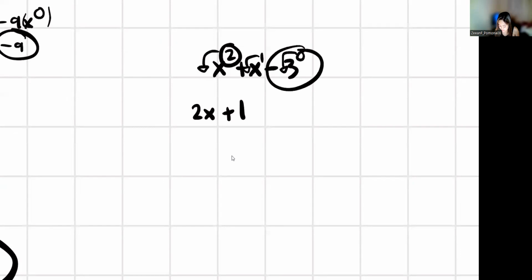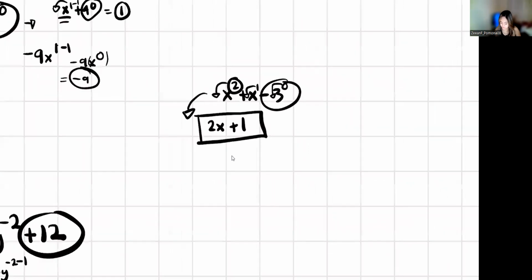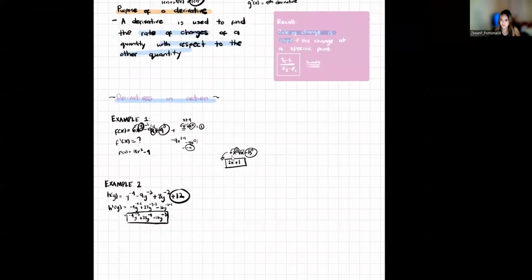And then keeping in mind that constant numbers like 4, 3, 2, 1, and e and pi do not exist in the derivative. So this would be your answer to this example right here. Okay, so that's pretty clear so far. It's really easy, and then it will get tricky.